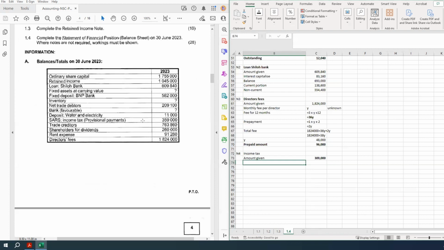Okay, SARS income tax provisional payments, 359,000. So I'll just put these in as a minus because we've made these payments. Okay, so we've actually paid more than what we've calculated the tax to be. So that means we are sitting with a receivable.